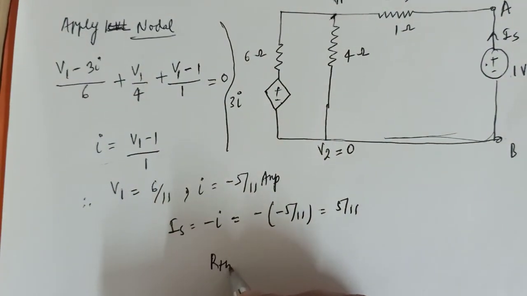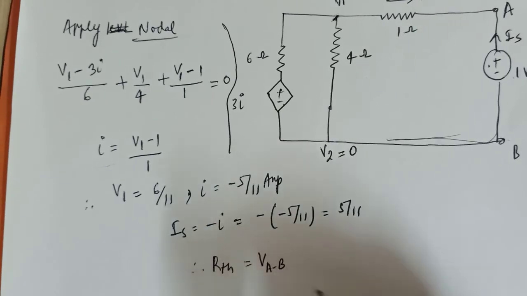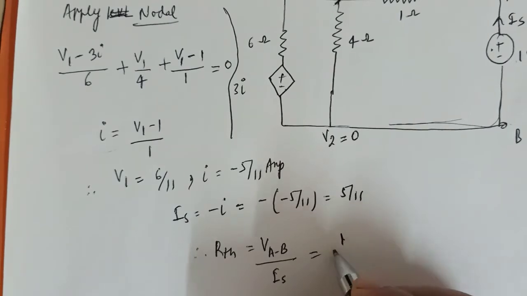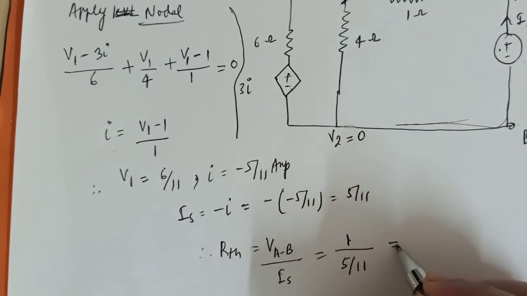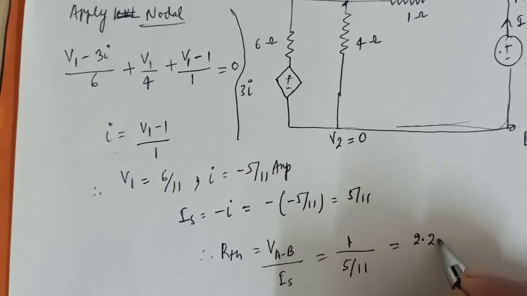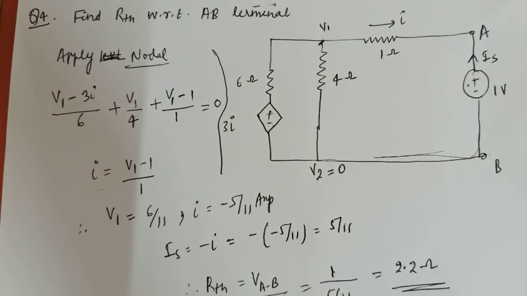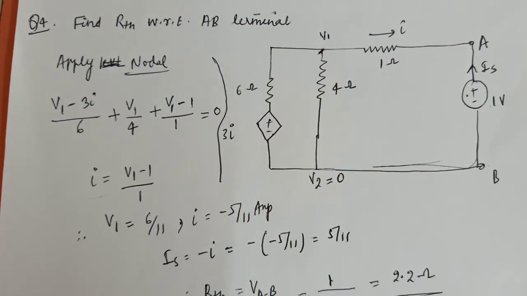Therefore RThevenin will be VAB divided by the current. VAB you have assumed as 1 and current you got as 5 by 11. So 2.2 ohm. Clear? This is how you have to calculate the RThevenin when dependent sources are present.